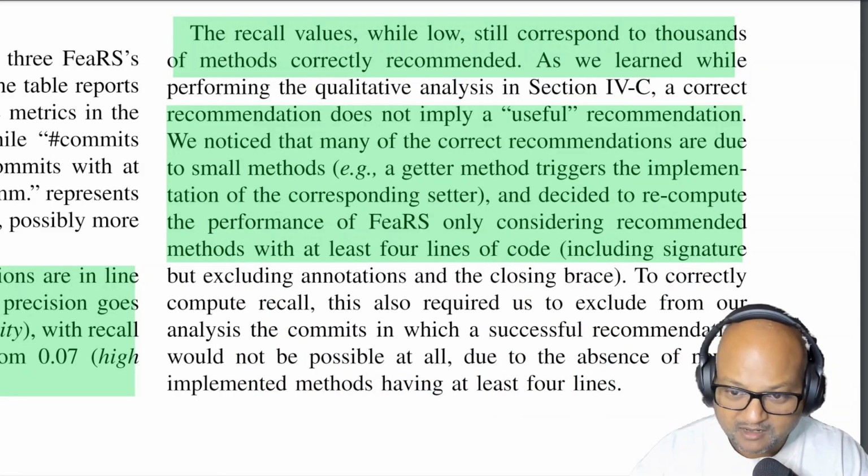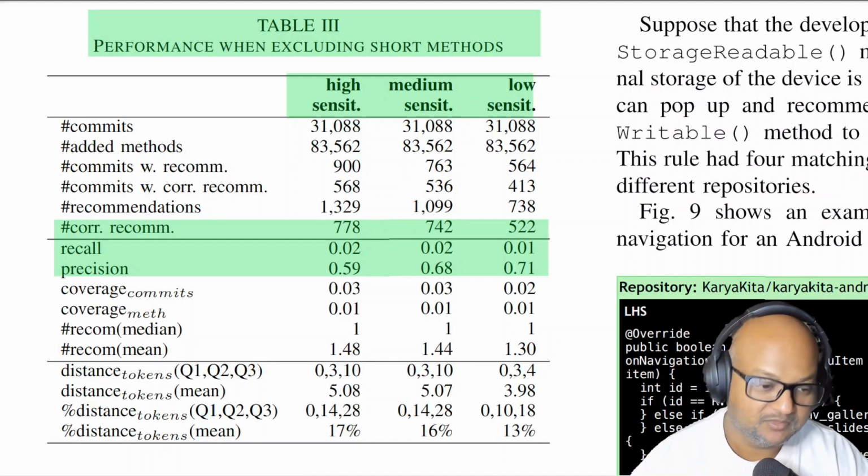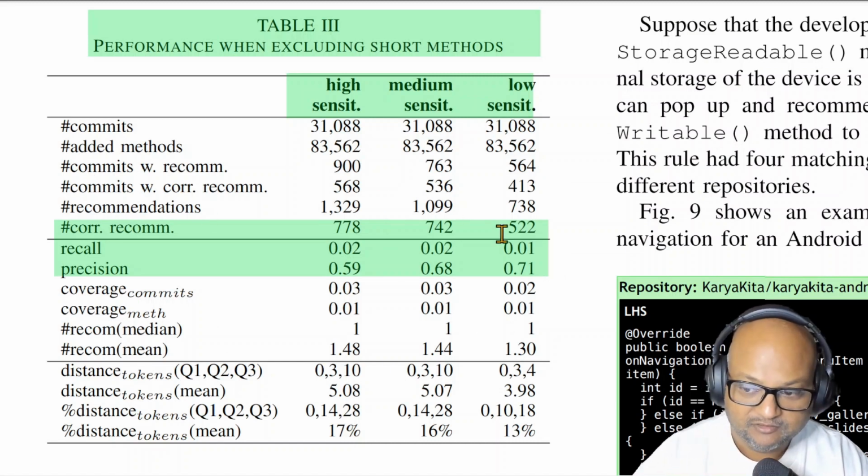But the big caveat with these figures was that a lot of the recommendations were for very small and trivial methods like getters and setters. So they reran the numbers to exclude short methods, and they only looked at methods longer than 4 lines. Recall takes a hit, where on the lowest sensitivity setting, recall falls down to about 1%. Precision is still in the same range as it was before, but recall takes a hit across the board.